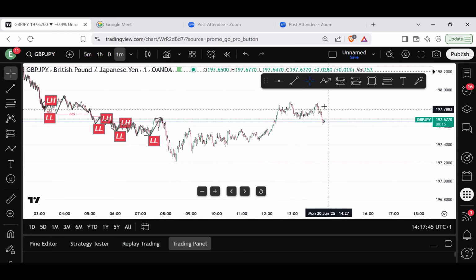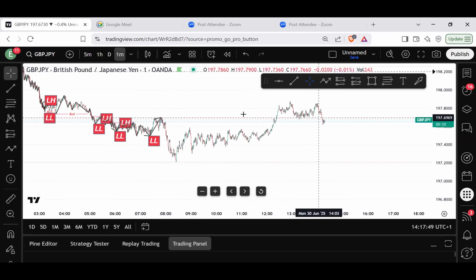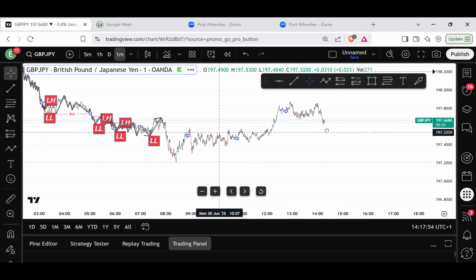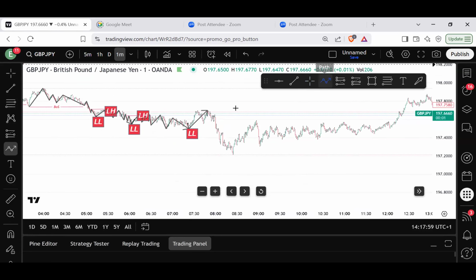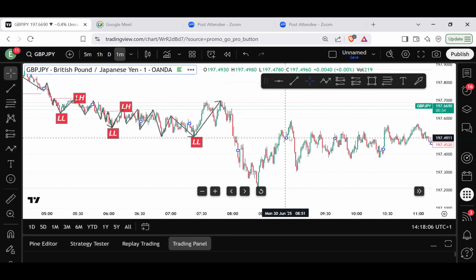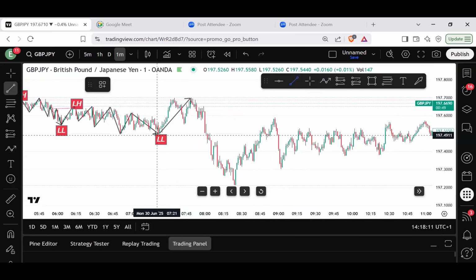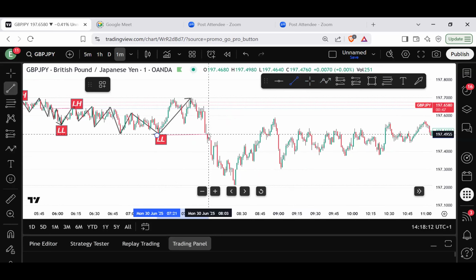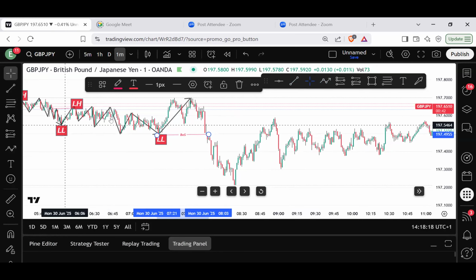So currently price wants to change direction. We don't know yet. So after lower high, it's always break of structure. After correction, lower low, it's always break of structure. So I didn't put it here.